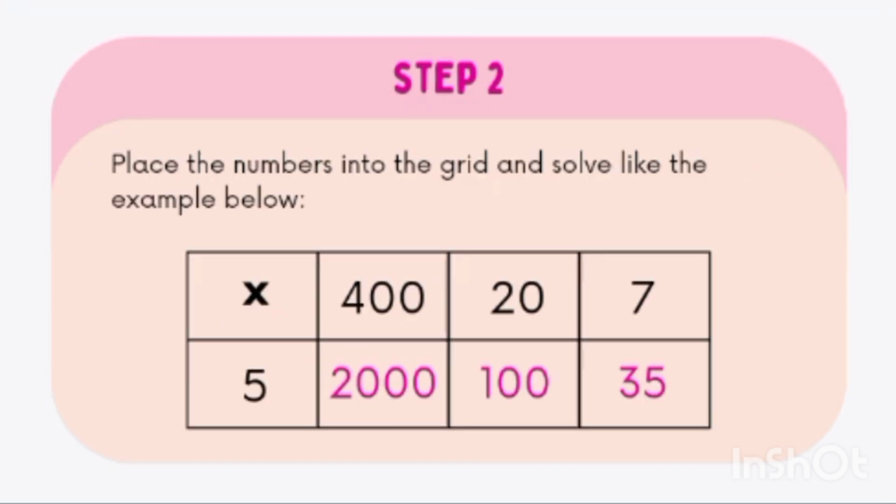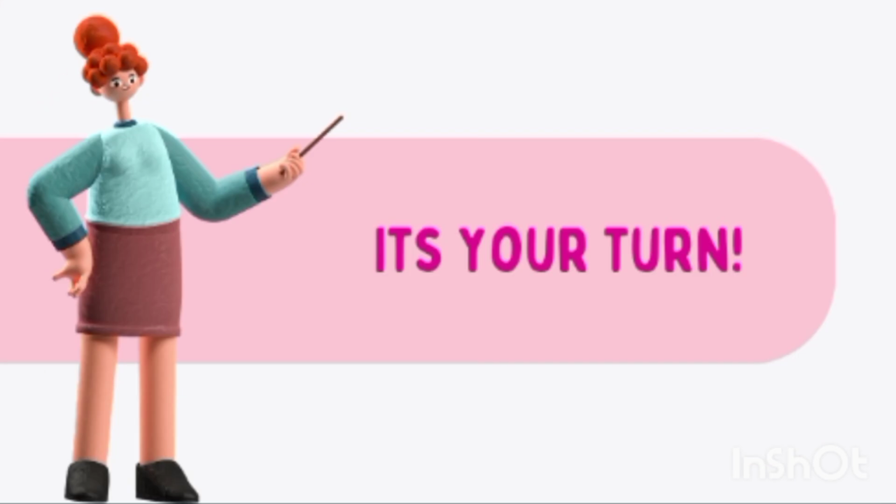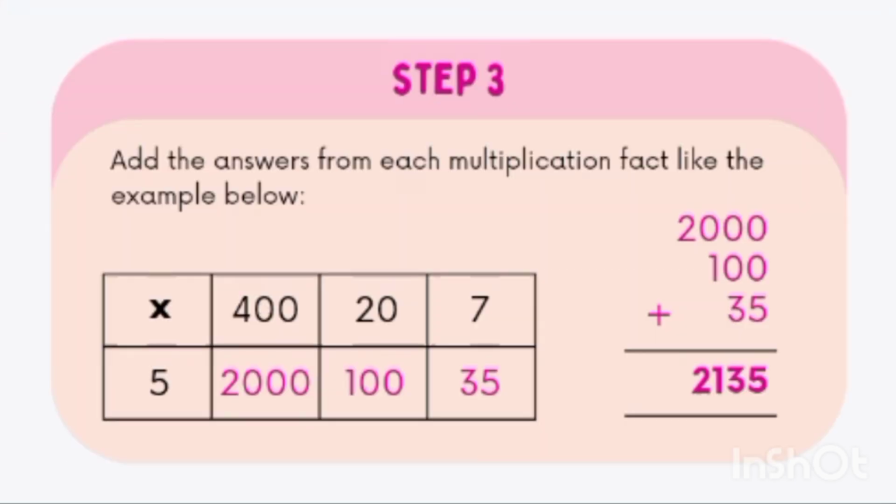We did 5 times 400 equals 2000, then 5 times 20 equals 100, and 5 times 7 equals 35. Then we add all these numbers: 2000 plus 100 plus 35 equals 2135. So 427 multiplied by 5 equals 2135.